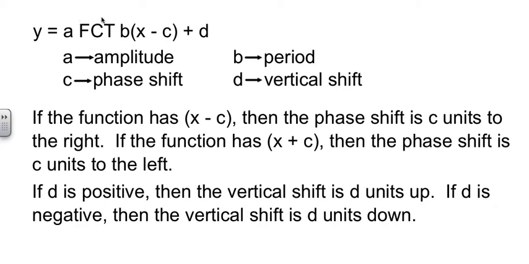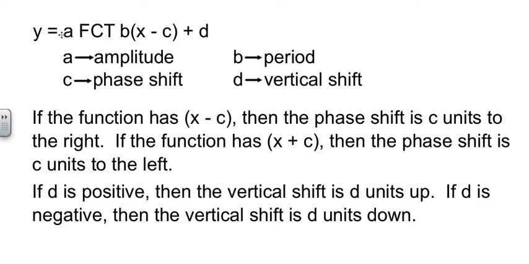I'm using FCT to stand for function. Any of the six functions can be here. Sine can be here, cosine can be here, all the way down to cosecant, the whole list of them. So I'm covering all of them in one shot rather than having to go through six separate things to tell you the same thing over and over.